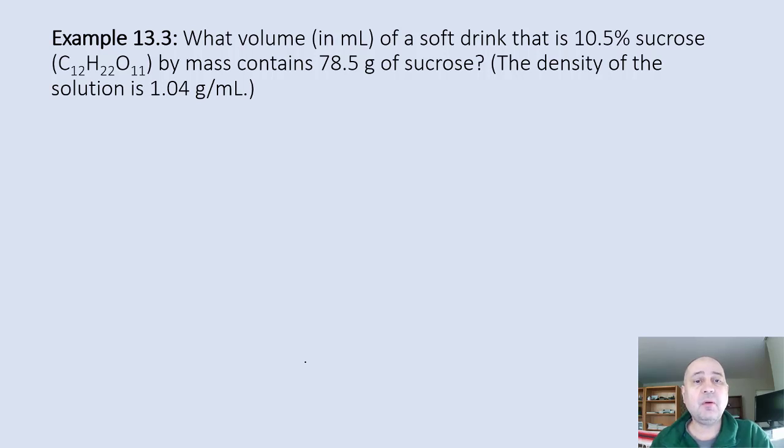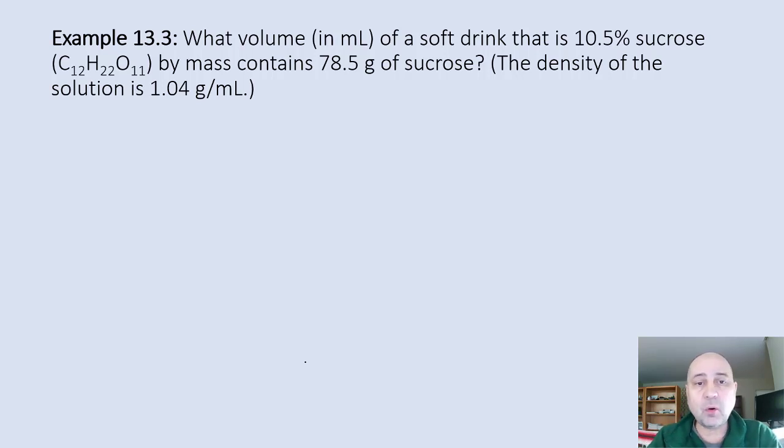And the next problem is again a step up. What volume of a soft drink that is 10.5% sucrose by mass contains 78.5 grams of sucrose? And the density of the solution is 1.04 grams per milliliter. So we're given a percent and we're given a mass.